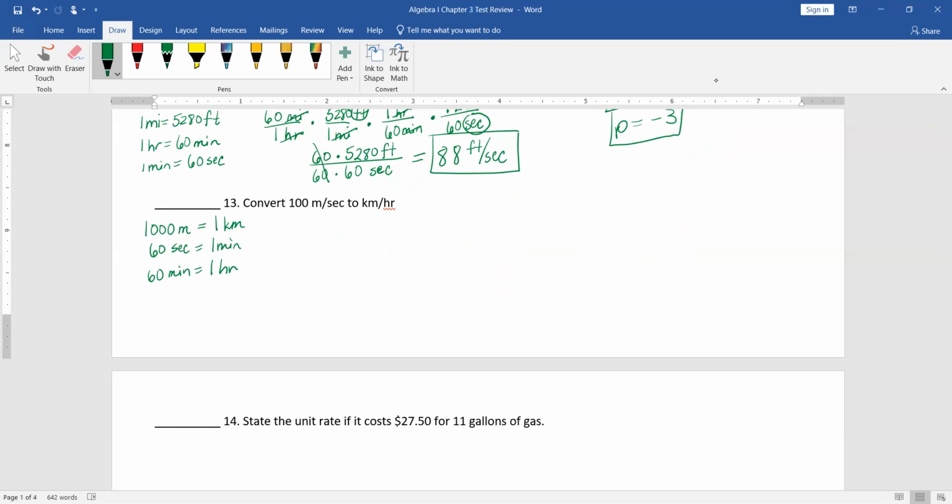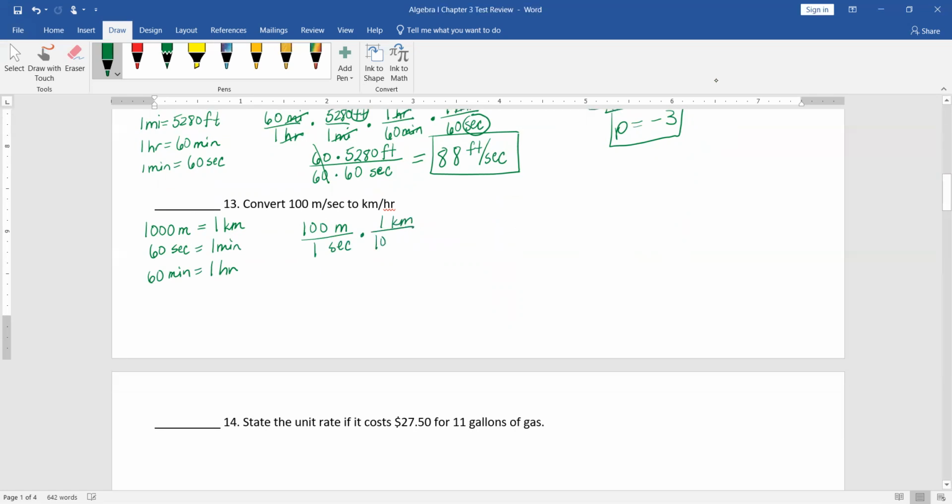So let's start with our rate of speed, which is 100 meters per second. First, let's convert that to kilometers. We know that 1 kilometer is 1,000 meters, and you know you've got that set up right because your meter units cancel each other out. Next, let's get rid of the seconds in the denominator.